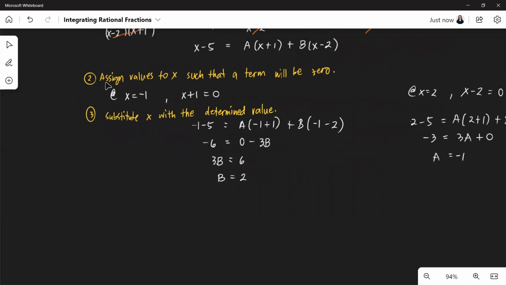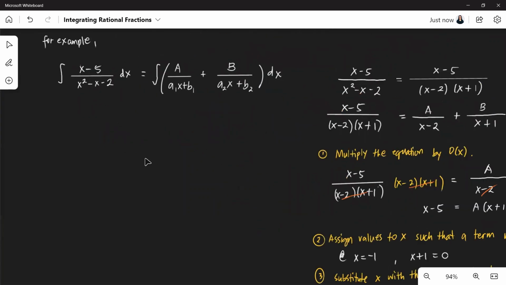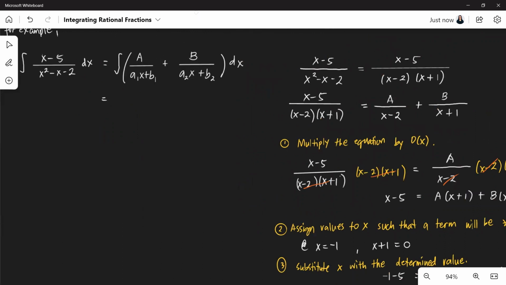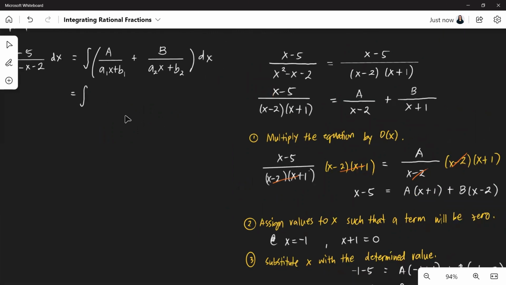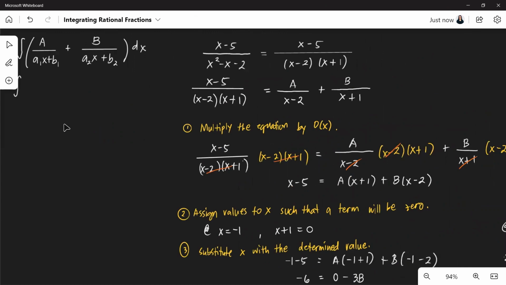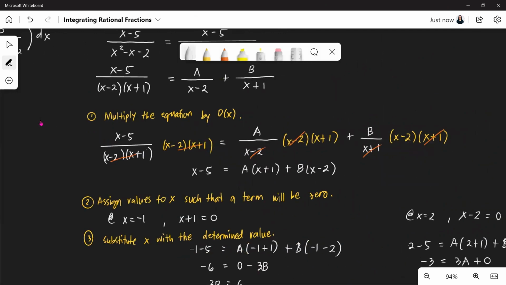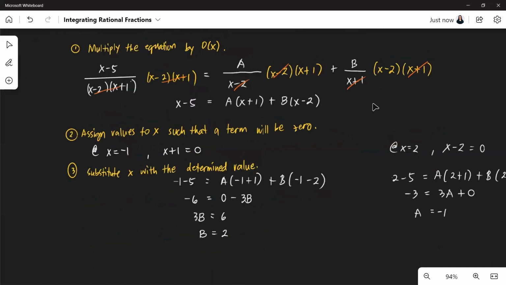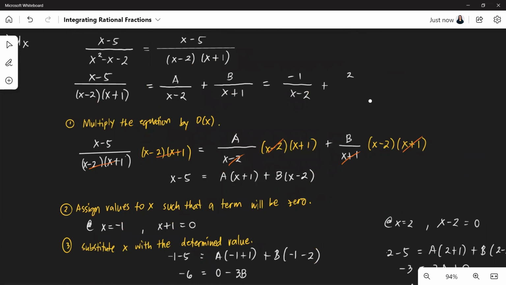So let's write those partial fractions here. We have already determined the values of a and b. So the result would be, a is negative 1, it's negative 1 over x minus 2, and b would be positive 2 over x plus 1.